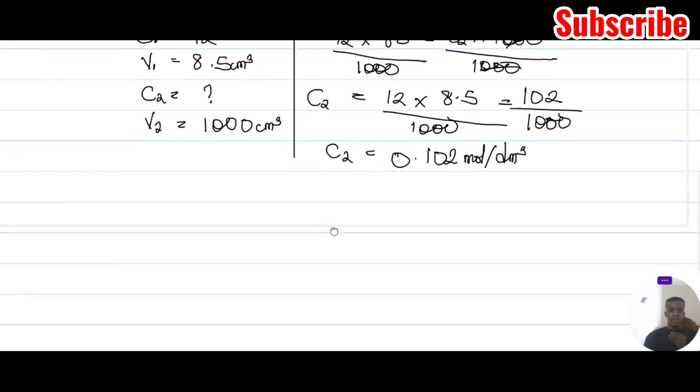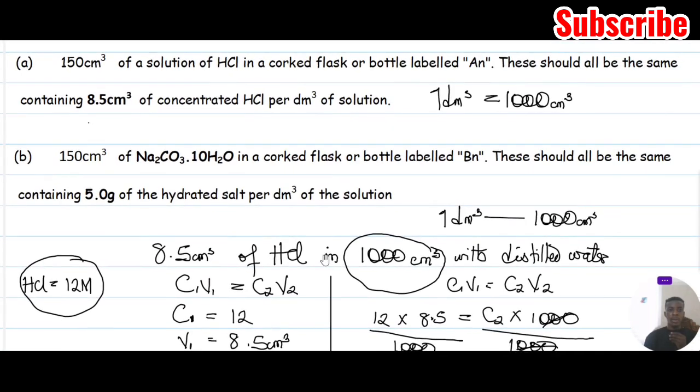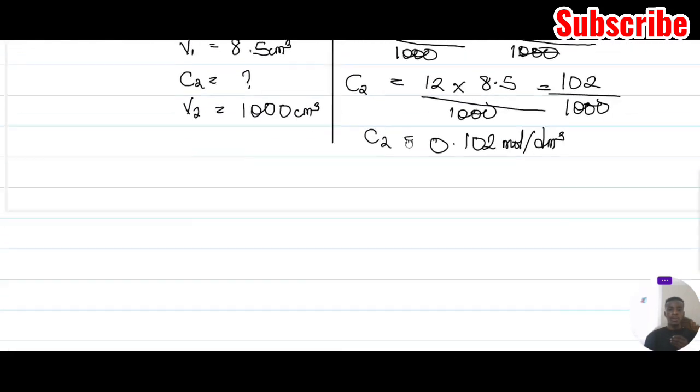So we'll go over to the other part of it, the basic salt here, which is sodium trioxocarbonate(IV) decahydrate, in a corked flask or bottle labeled BN. This should contain 5 grams per dm cube. So for BN we should dissolve 5 grams of Na2CO3 decahydrate in 1000 cm cube.